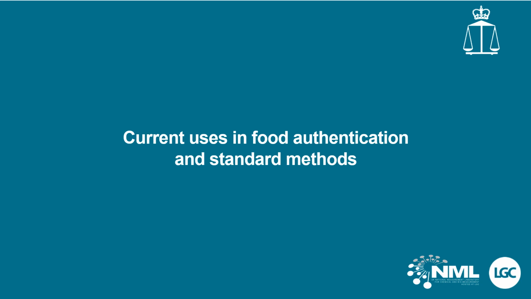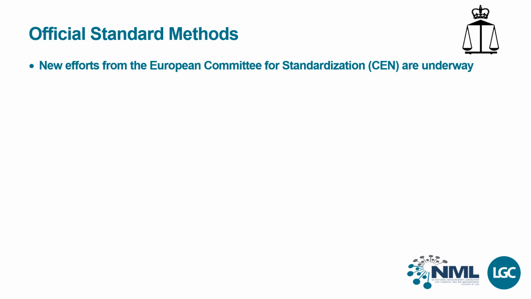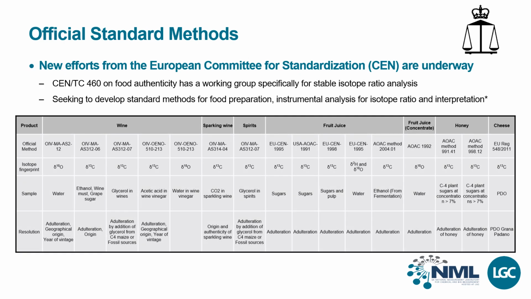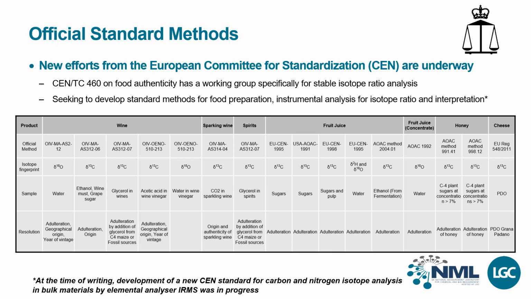Isotope ratio analysis is currently used for a variety of investigations into food authenticity and origin. A number of isotopic methods have been officially recognized for the detection of frauds, including mislabeling of several commodities. The table lists the current standard methods that are suitable to confirm the authenticity or declared origin of food and drink.